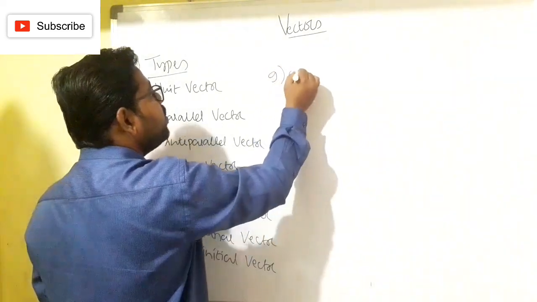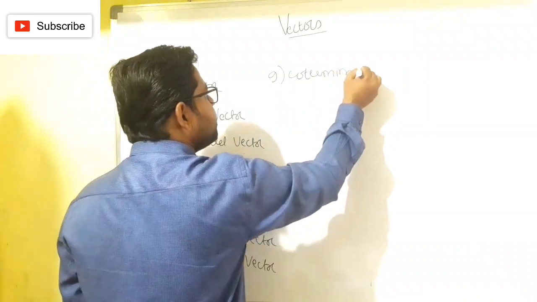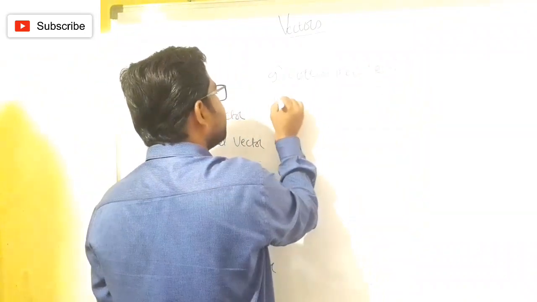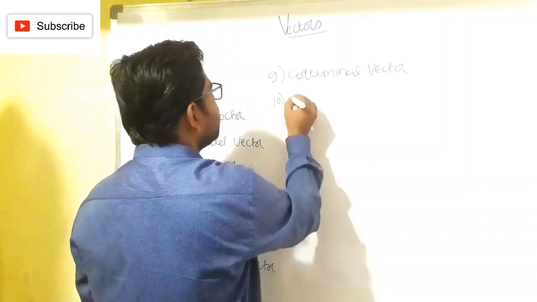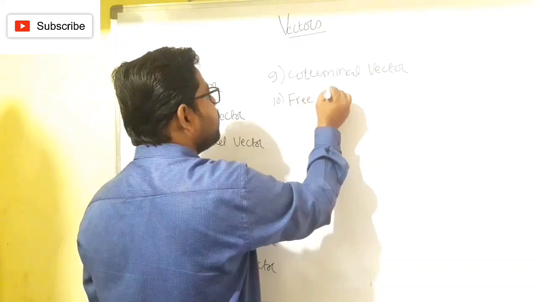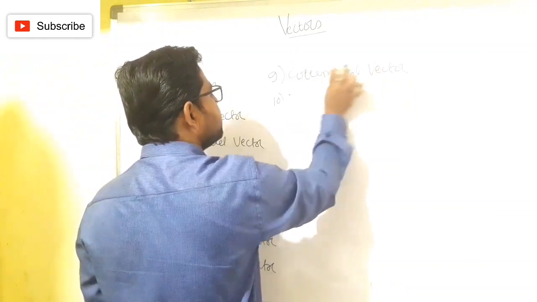Nine, coterminal vector. Then free vector.